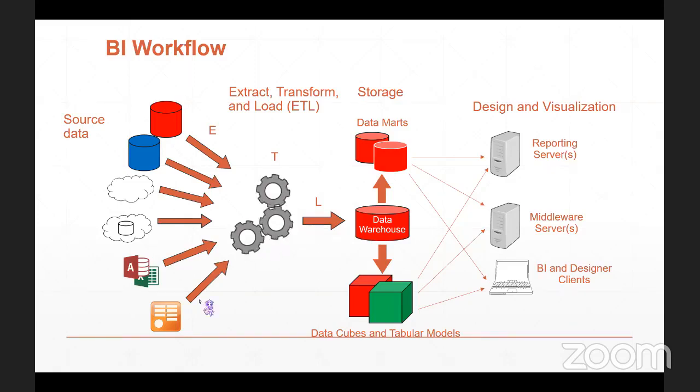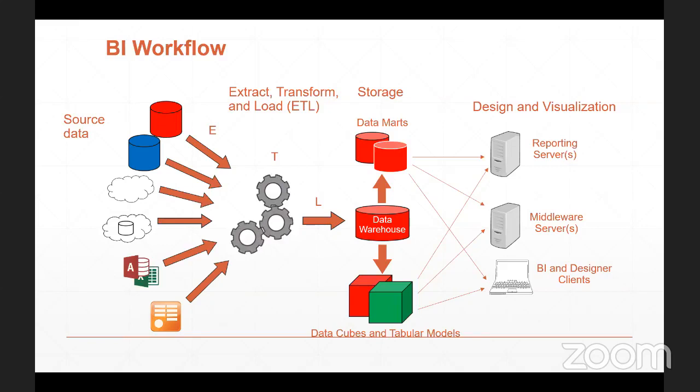So once it's in the data source, you're going to use ETL, or extract, transform, load, to pull the data from the source, transform it into an efficient data model, and then put it in an efficient storage location, which is what we call the data warehouse.